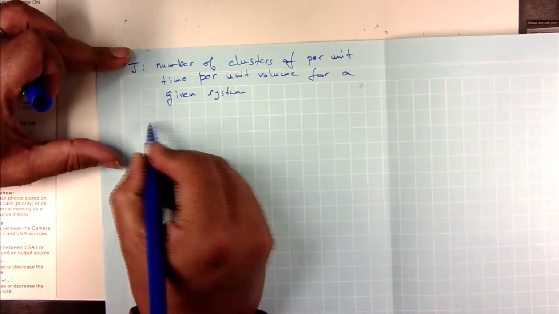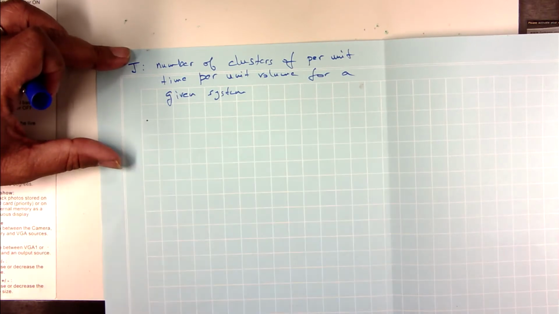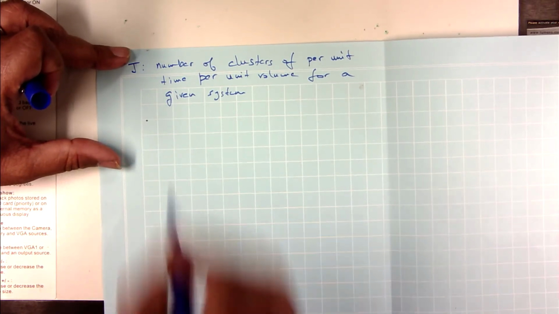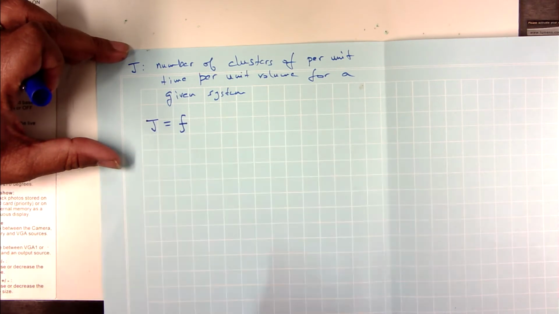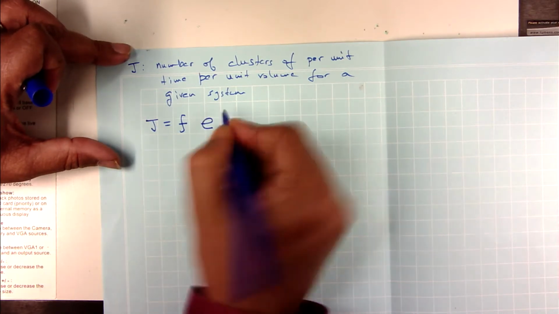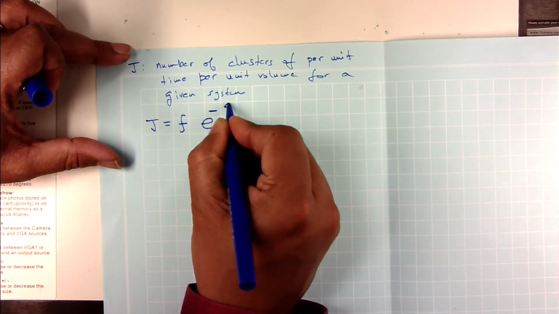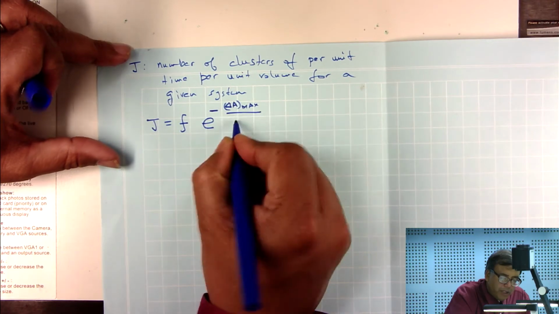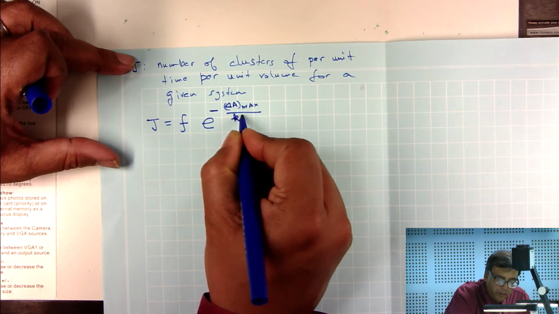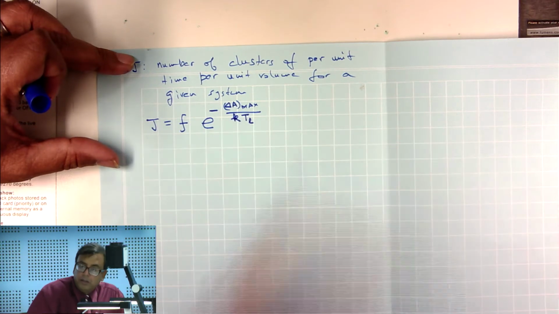Okay. And so, how do you define it? Well, he said that this J is equal to some collision frequency f times e to the power of your activation energy, which is your delta A max, divided by k, your Boltzmann constant, times the temperature of the liquid.